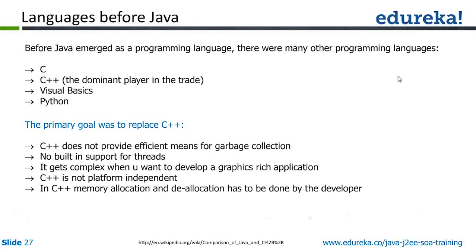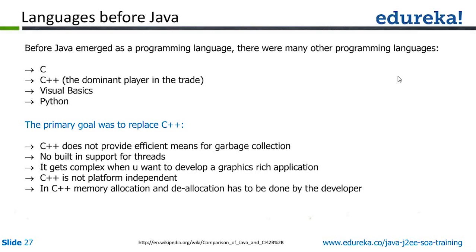C++ did not have built-in support for threads. Threads are the capability in Java of running two or more programs simultaneously from your code. Initially C++ did not have this, but that capability is there with Java.